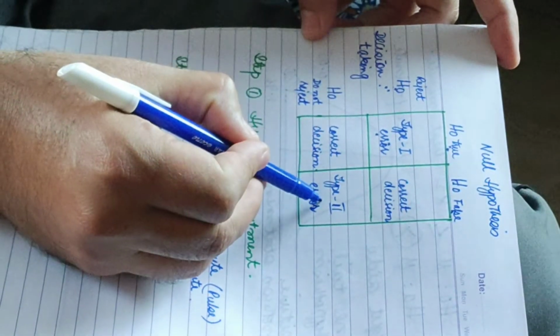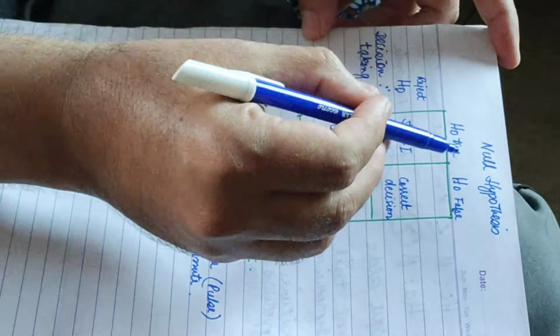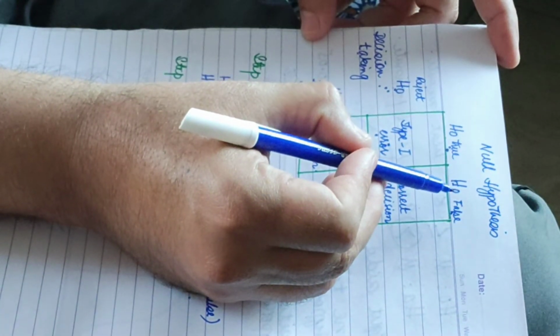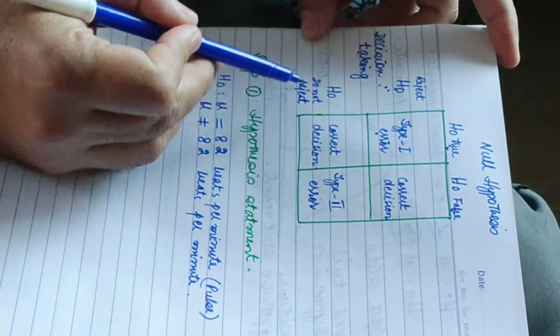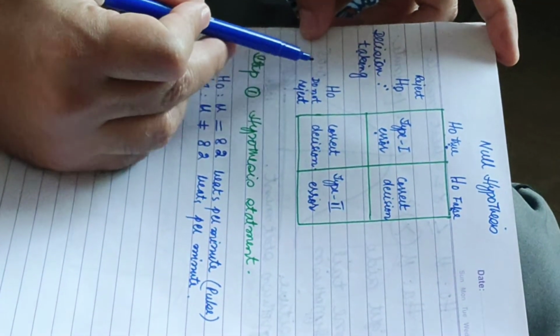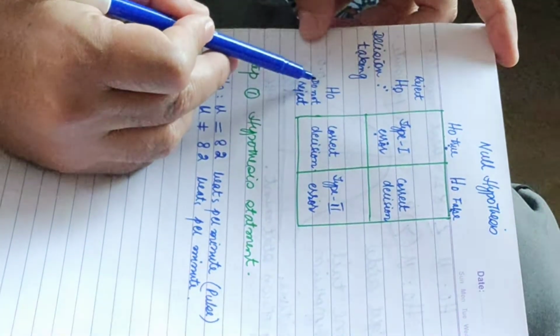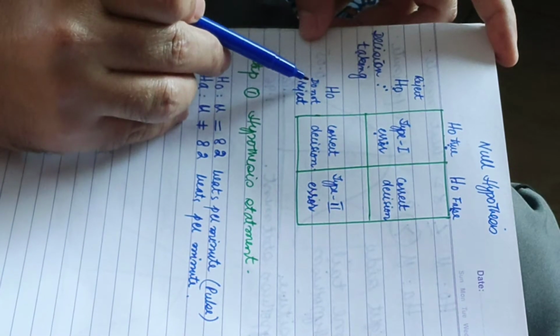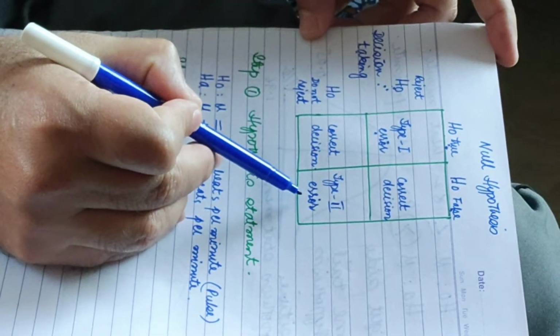Let me repeat once again: when the null hypothesis is false, but in the decision making we cannot reject it, we fail to reject the null hypothesis, this type of error is called the type 2 error.